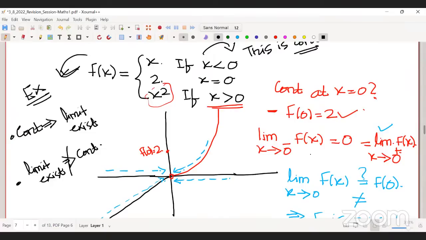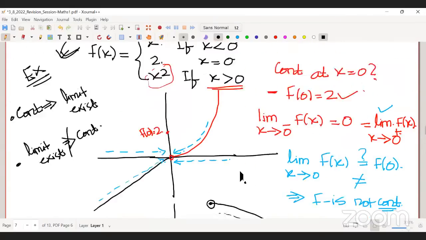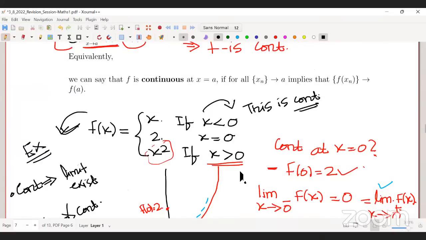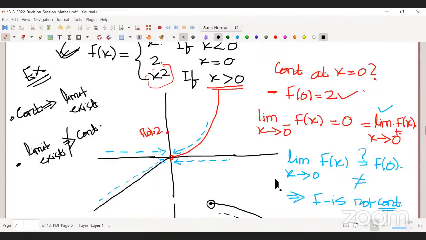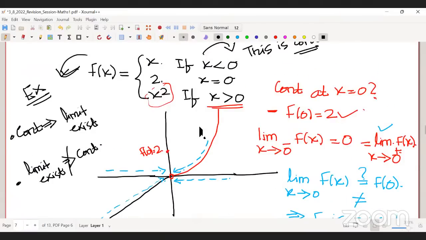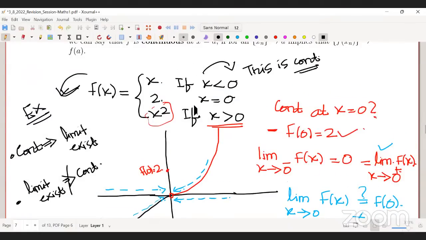When you take the last one, f of x, what you have taken, whether it is x or x square? Sorry, when we say that f of x is not equal to f of 0, how do we say that? We need to compute f of 0, right?